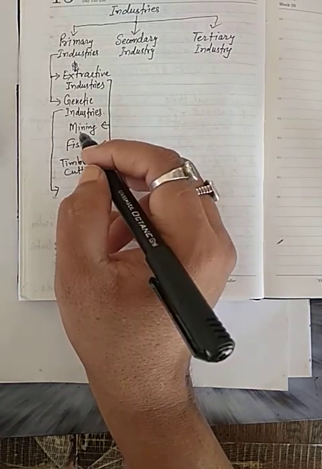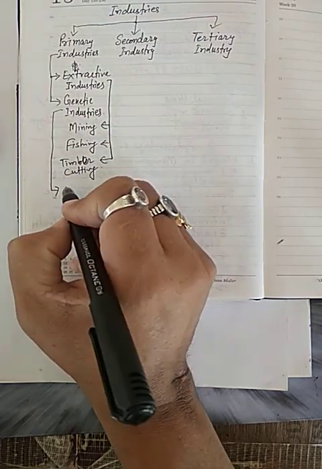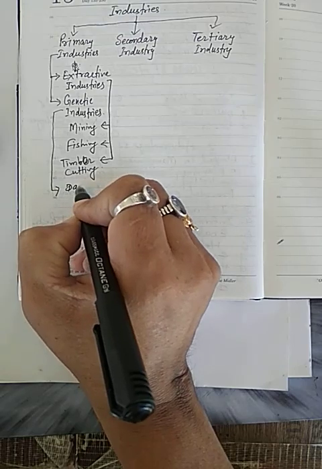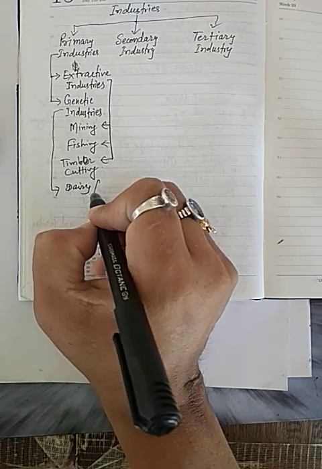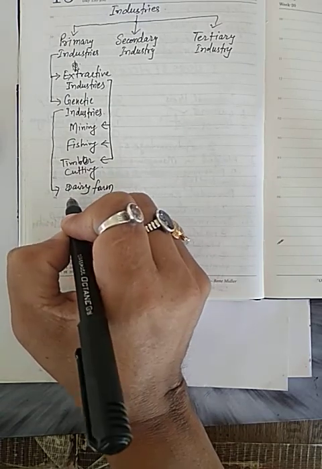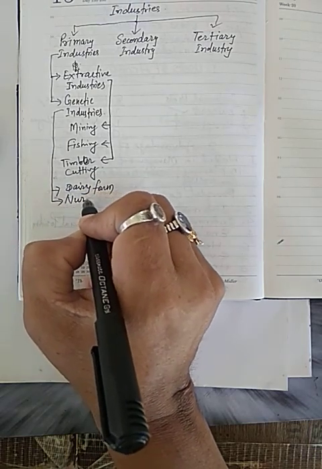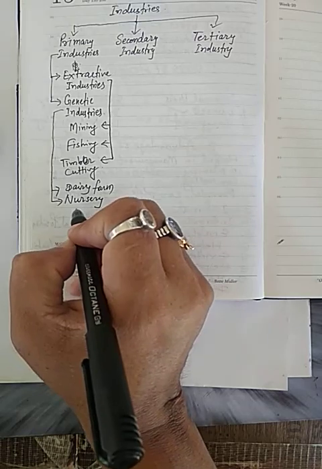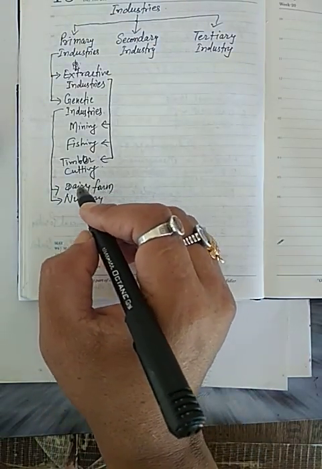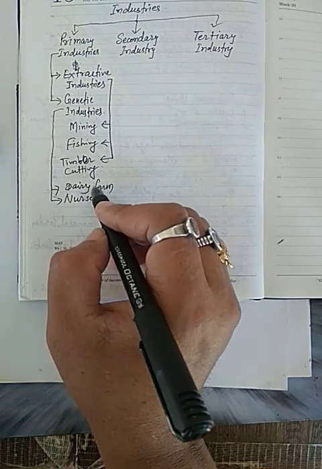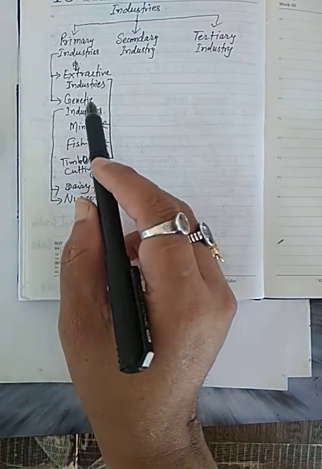So I can write dairy farm, nursery, etc., are the best examples of genetic industries.